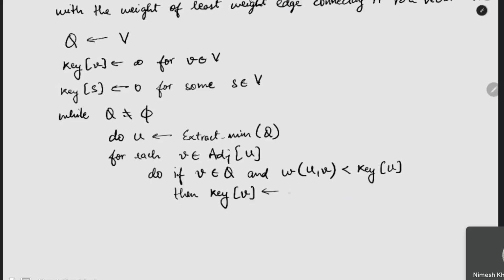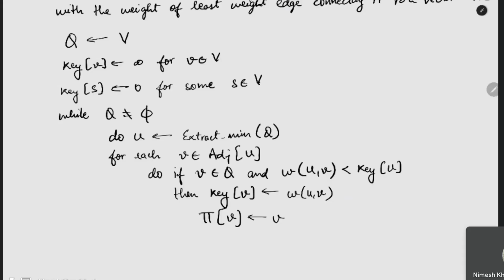Then we update the key as the current weight, and we update the connection, the edge for U, as the one going from U to V. And if we repeat this till Q becomes empty, then we basically get the minimum spanning tree from Prim's algorithm.